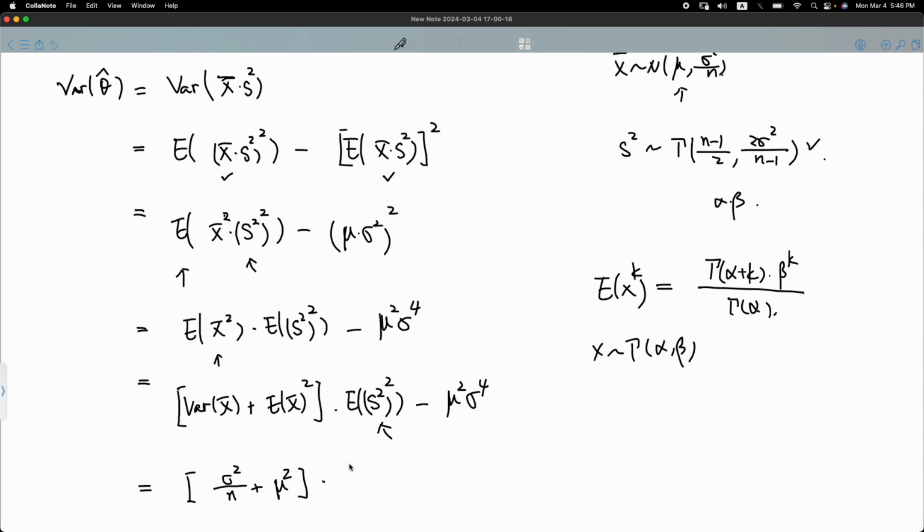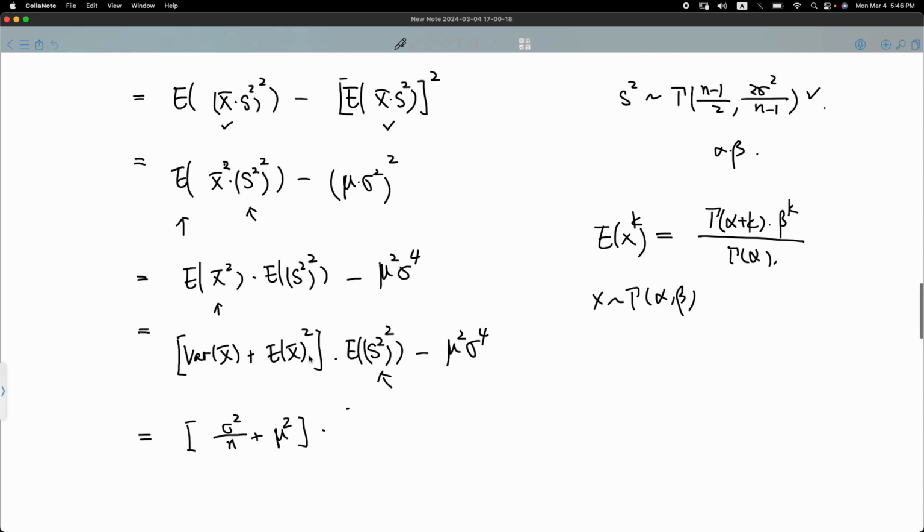So yeah, we just need to plug in the corresponding terms. For the numerator, which is a gamma function of alpha plus k, alpha in our case is n minus 1 over 2, plus k. k should be 2. So this 2 here is the k, so plus 2, multiplied by beta.